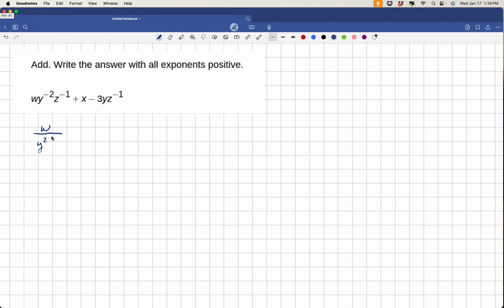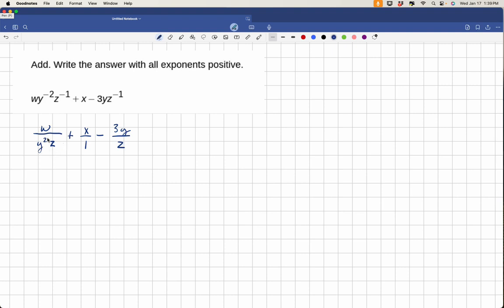That'll be y squared, z to the negative 1 would just be z, plus x over 1, turn that into a fraction, minus 3y over z. Because this is z to the negative 1, we can move it to the bottom, and all's good. Now this is all written with all exponents positive, and now we can add.